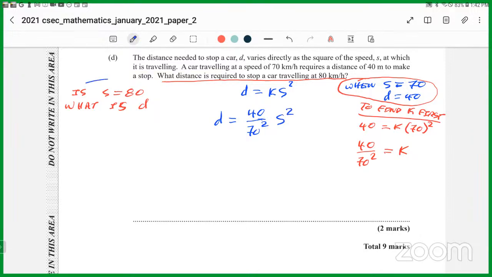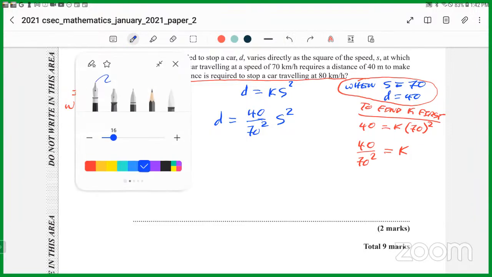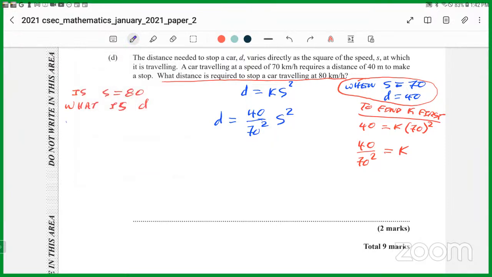To answer what D is when S equals 80, I put the 80 in for S, the speed. So D equals 40 over 70 squared times 80 squared, and that's what we work out to get the answer.